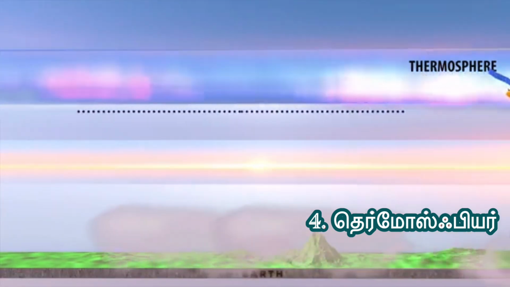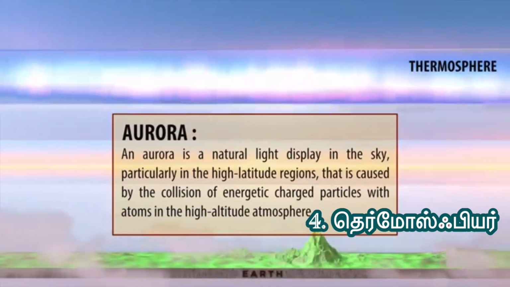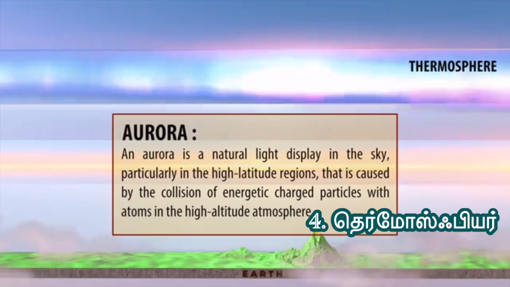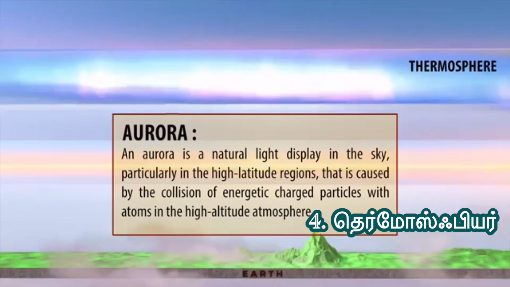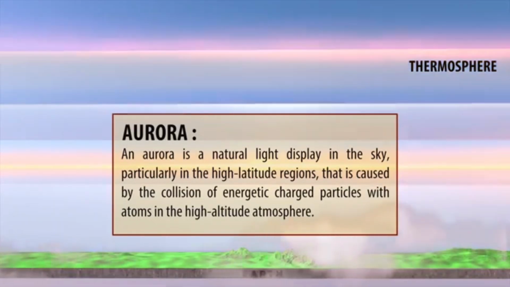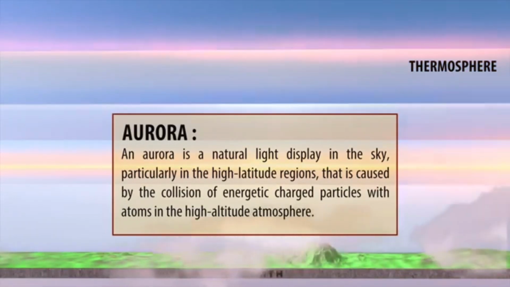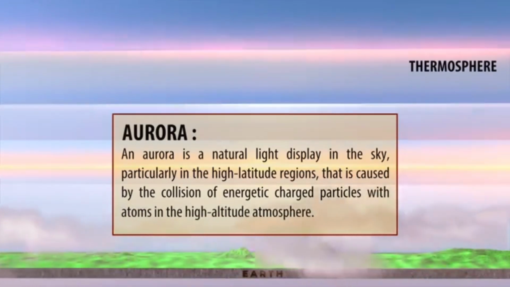It contains a lot of the lightest molecules, since light molecules can move very fast compared to liquid or solid. So the molecules move very fast and very close to the sun. They can absorb a lot of energy in the form of heat, and that's why the temperature in this layer is more than 1200.